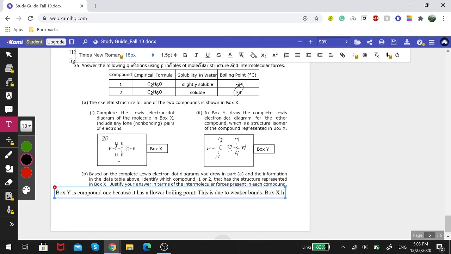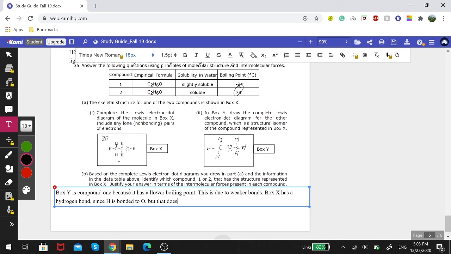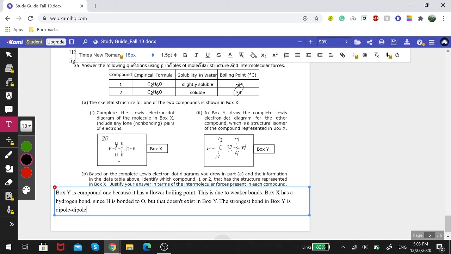Box X has a hydrogen bond, since H is bonded to O, but that doesn't exist in box Y. The strongest bond in box Y is dipole, since the dipoles do not cancel, and therefore it makes it a polar compound.